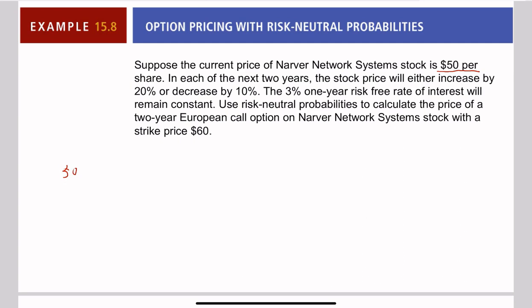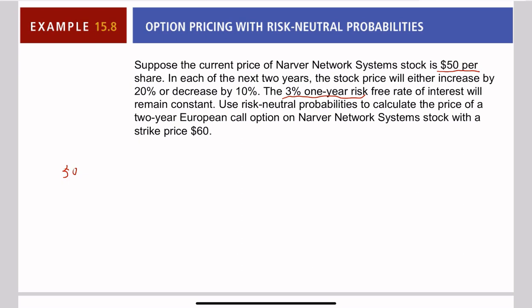In each of the next 2 years, the stock price will either increase by 20% or decrease by 10%. The 3% 1-year risk-free rate will remain constant. So this gives us the RF. Use risk-neutral probabilities to calculate the price of a 2-year European call option with the strike price of 60.